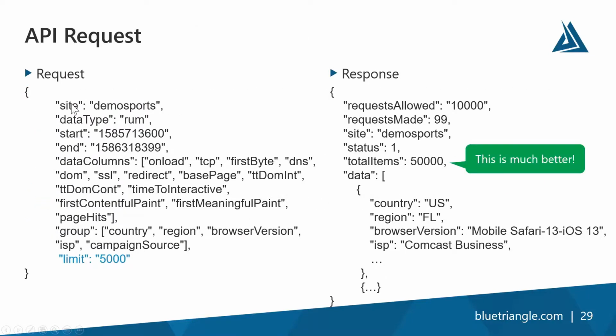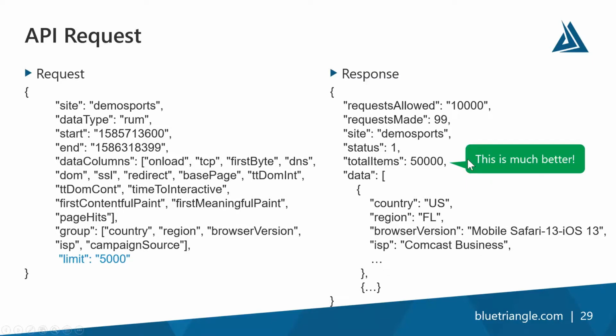All right, let's go ahead and plug this in. This is the same request that we had before, and then we just added the limit. Now we see that there are 50,000 items in the result. This is much better, so I think this is what we want.